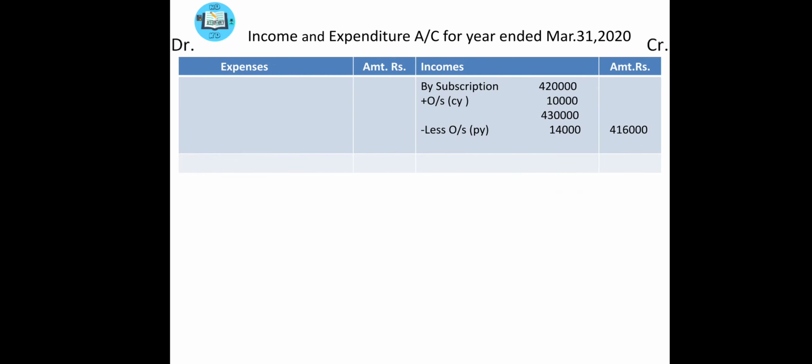Of outstanding we are going to add that of the current year and minus that of the previous year. That's it.